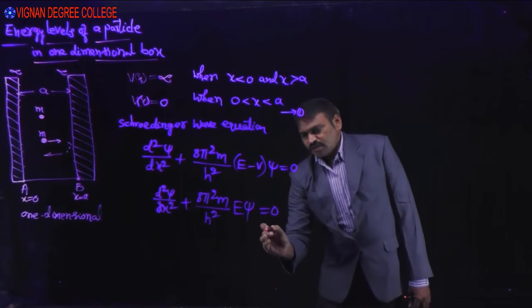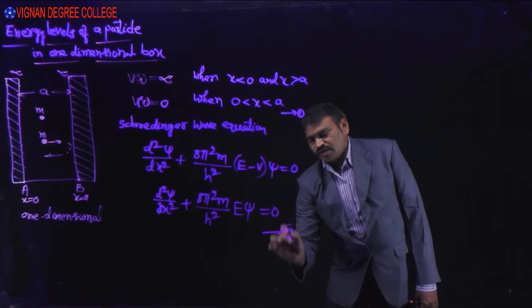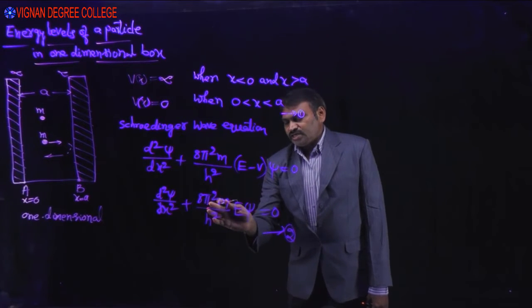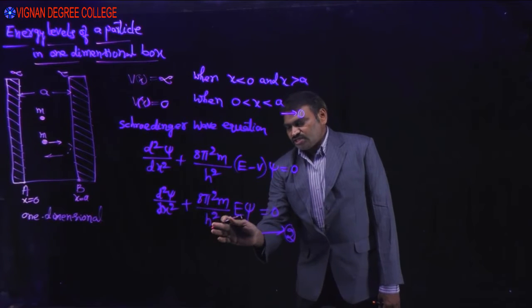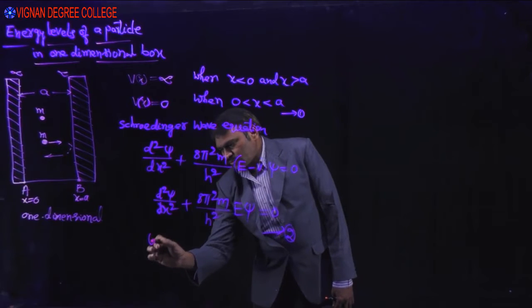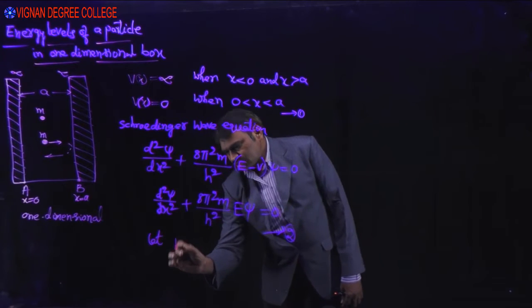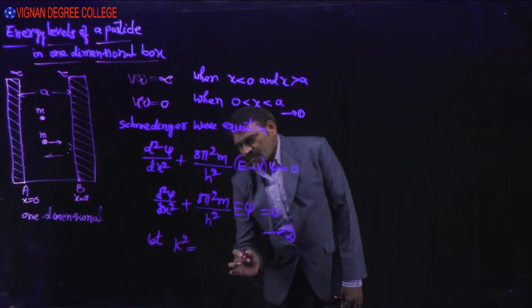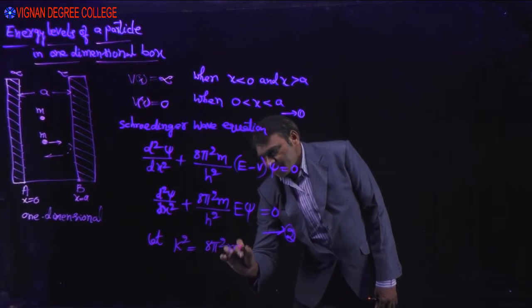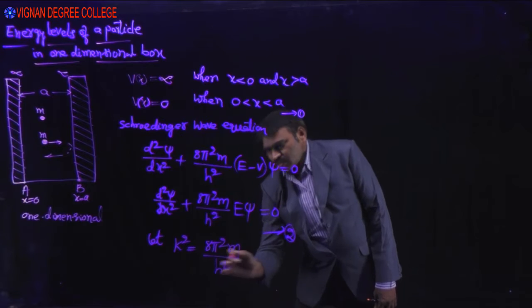This is equation number 2. This is the Schrodinger wave equation. In this equation, see this 8 pi square m by h square into E. This is equal to k square. K square is equal to 8 pi square m by h square into E.